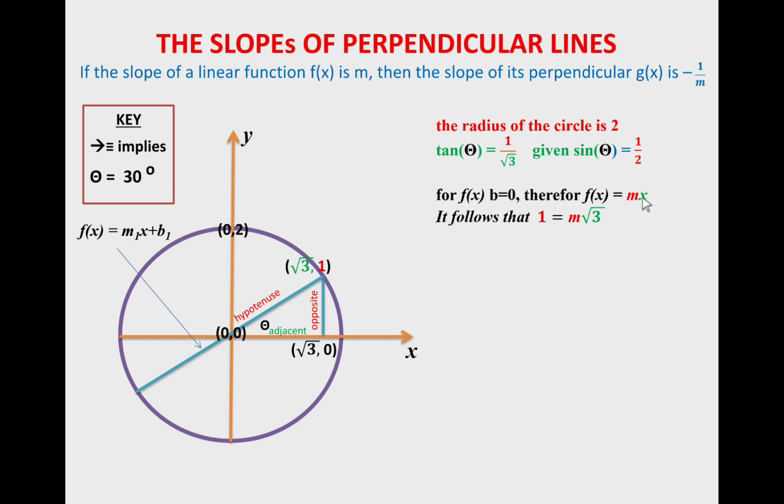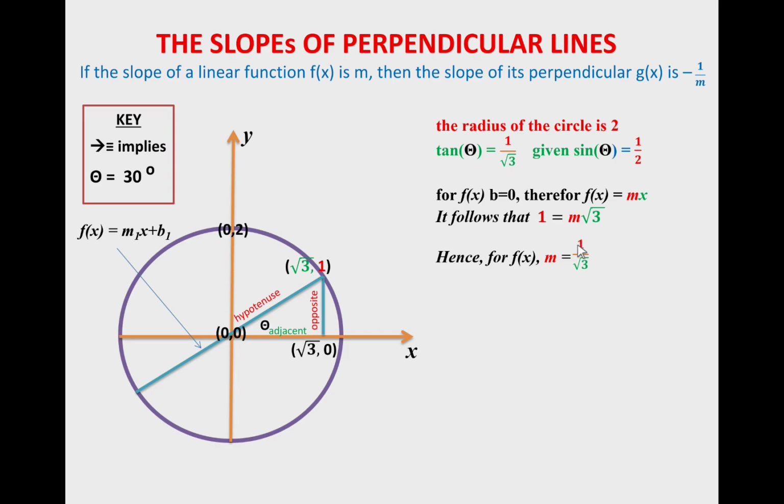When x is equal to square root of 3, f of x will be equal to 1. Now we can solve this equation for m. So our m will be equal to 1 over square root of 3.